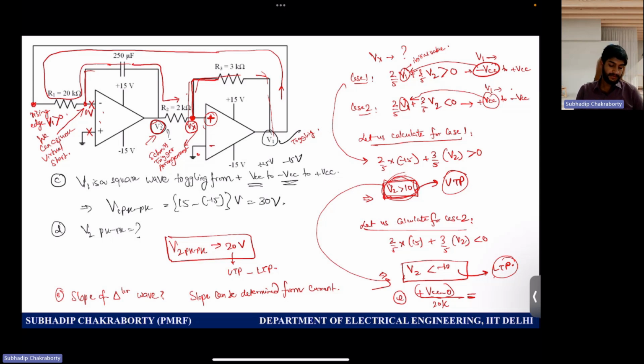So when V1 is positive, the capacitor current is C dV/dt. This is the current, right? So this is the slope of the triangular wave being integrated, that is V2. So now what I need is, we know the current is VCC by 20K, which equals C dVc/dt, and we need this.